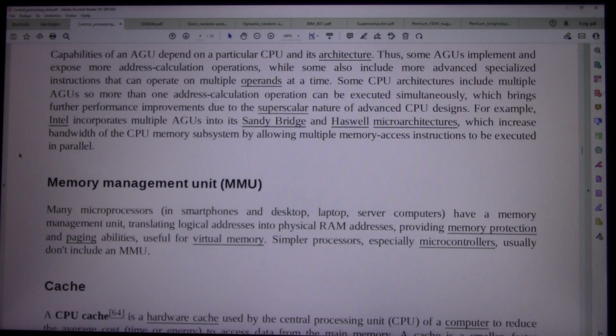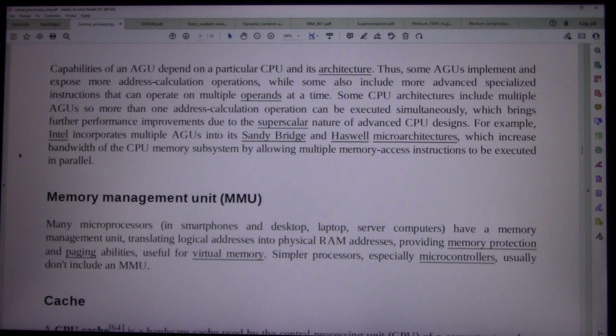Capabilities of an AGU depend on a particular CPU and its architecture. Thus, some AGUs implement and expose more address calculation operations, while some also include more advanced specialized instructions that can operate on multiple operands at a time.